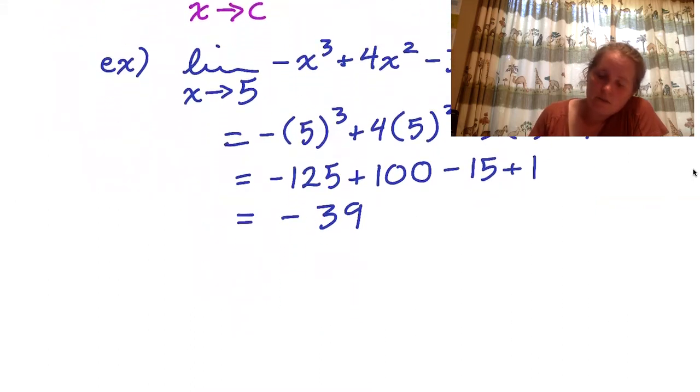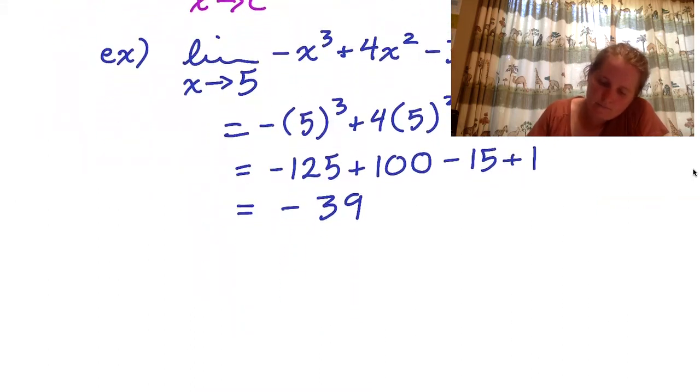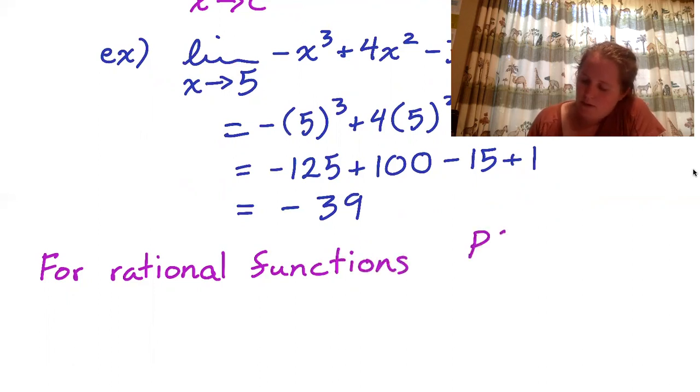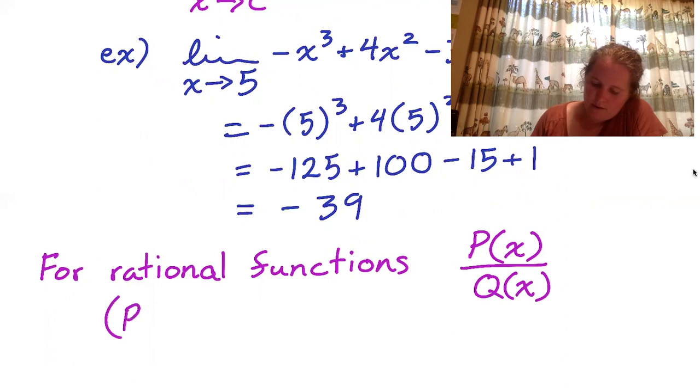For rational functions, where we have, say, p of x over q of x, here p and q are polynomials.